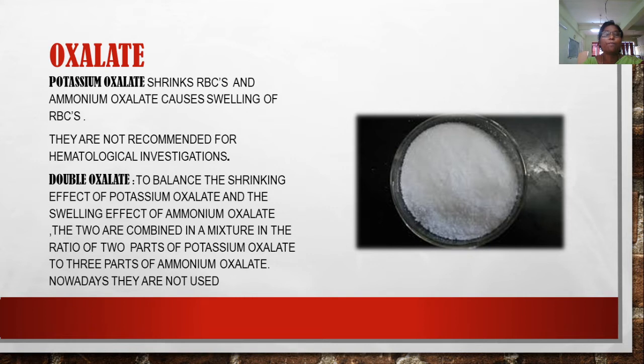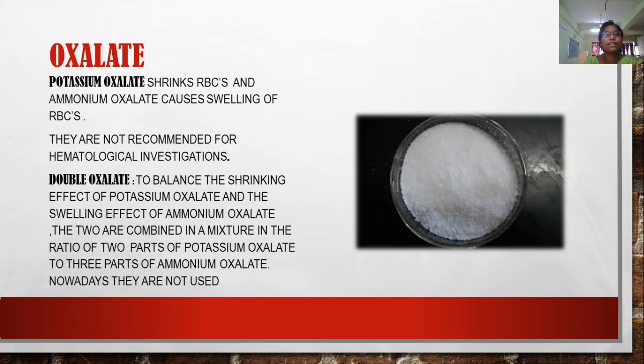Double oxalate is a mixture of both, 2 parts of potassium oxalate and 3 parts of ammonium oxalate. The two are combined to balance the shrinking effect of potassium oxalate and the swelling effect of ammonium oxalate. Nowadays they are not used.